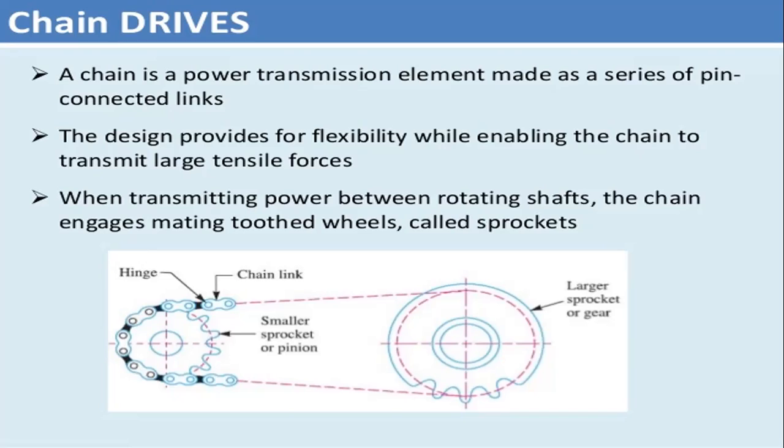When transmitting power between rotating shafts, the chain engages mating tooth wheels, which are called sprockets. That is how motion and power are transmitted between two rotating shafts.